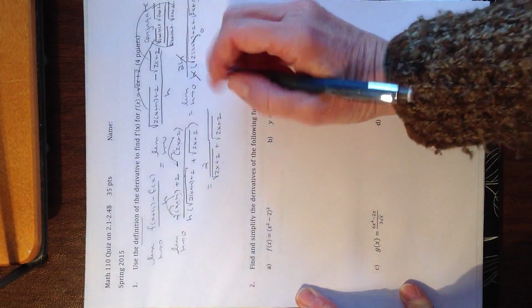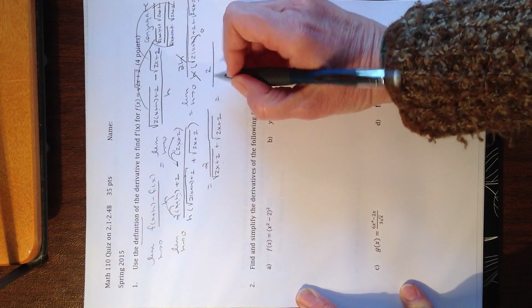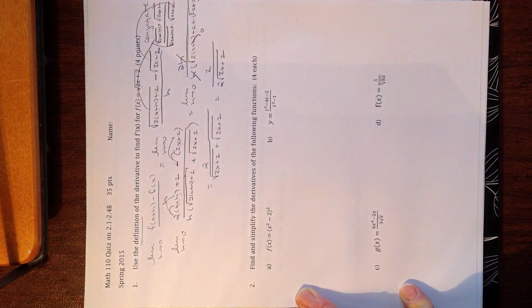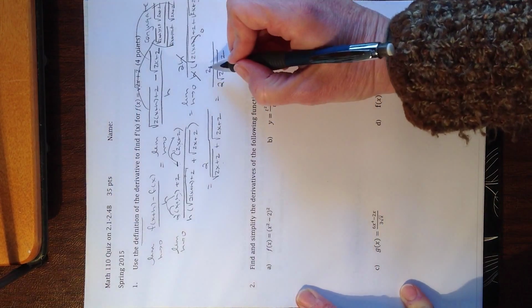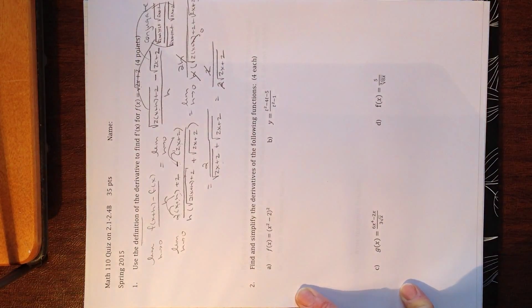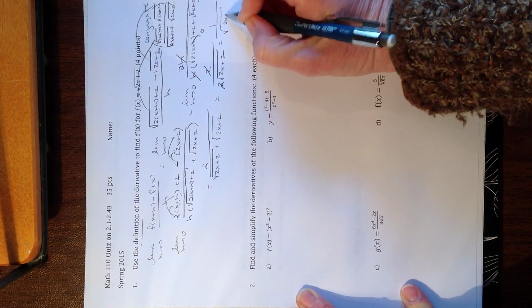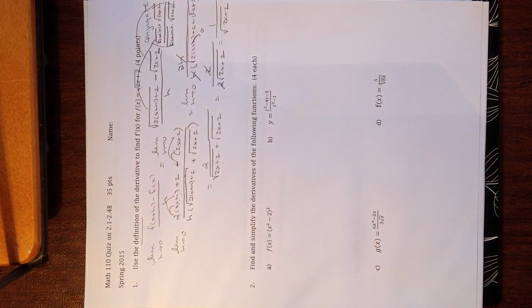That's not how you add them. You add them by getting 2 of them. So 2 radical 2x plus 2, and then to finally simplify, you can divide away the 2's, and this is your derivative by definition. So that was the longest problem on the quiz.